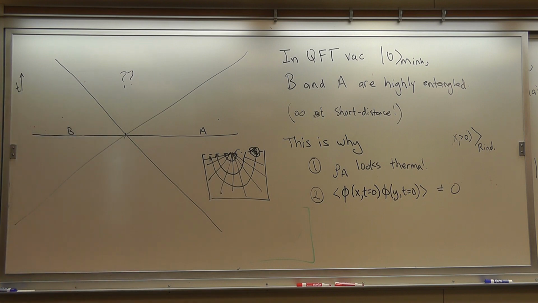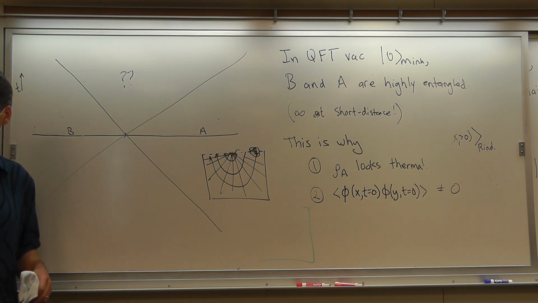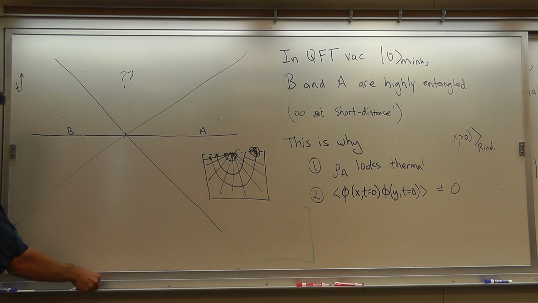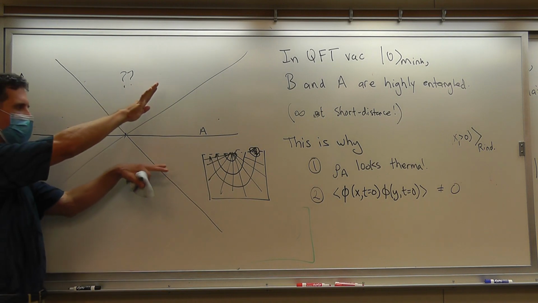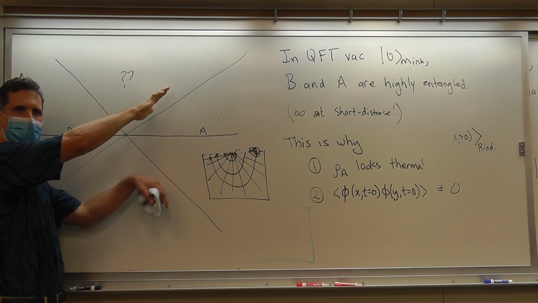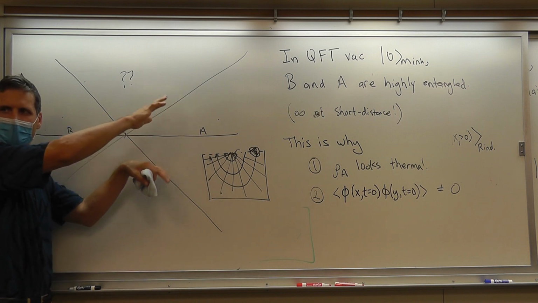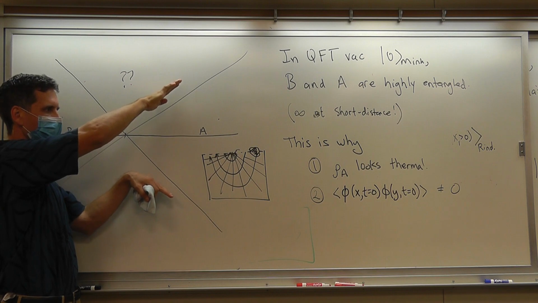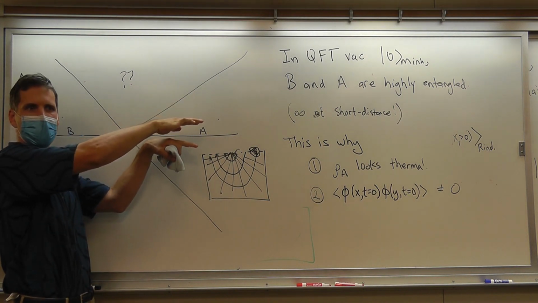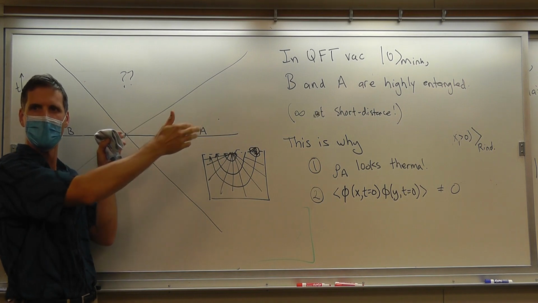If you compare this to bringing together two systems of spins, is there any analog for the two regions apart from 1 and 2 that I've been talking about? You mean for the joint region? If you were to do this in a non-relativistic system, like a spin chain, then basically these light cones would collapse to here, because the speed of light is effectively infinite. Not really, but roughly speaking.